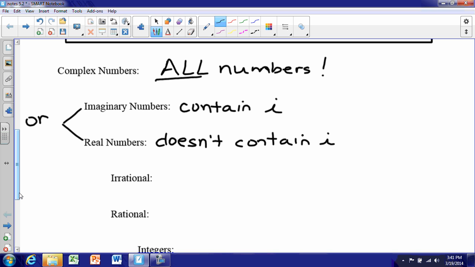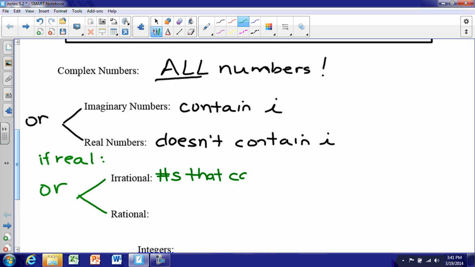Okay, then if it is real, it can be irrational or rational. All right? Irrational are numbers that cannot be written as a fraction.